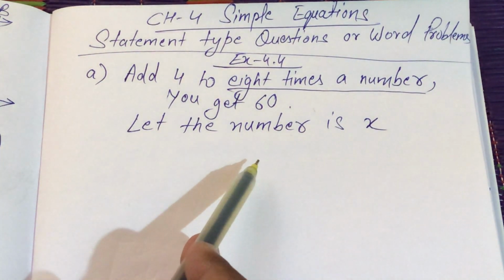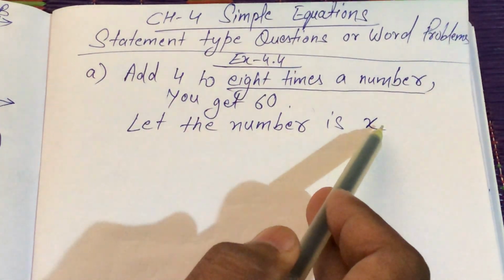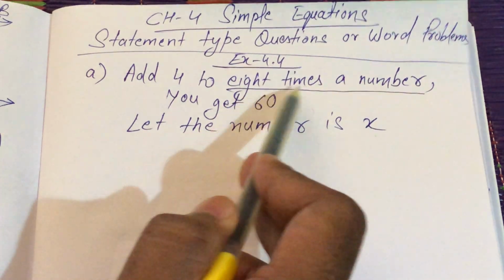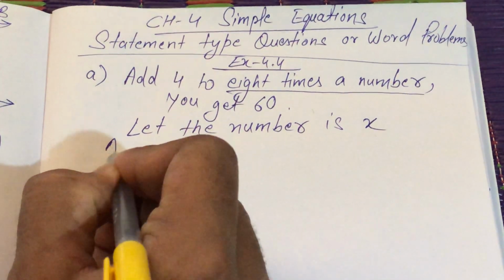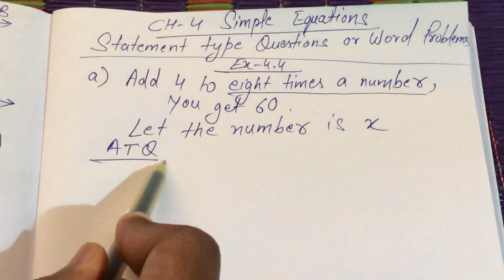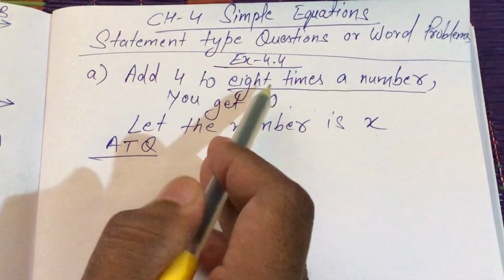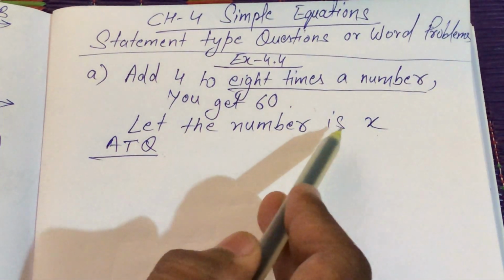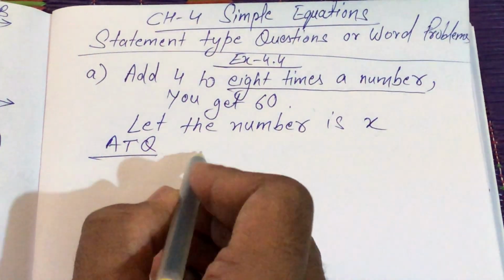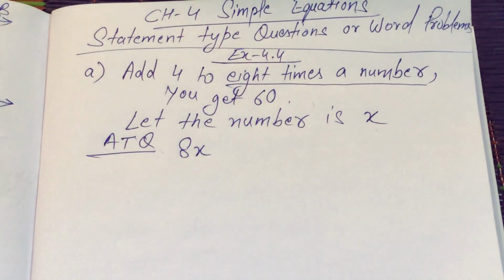Now 8 times the number, 8 times of x, according to question, ATQ. I am writing ATQ, according to question. 8 times a number, that means 8 times this x. 8 times this x means 8 multiplied by x.